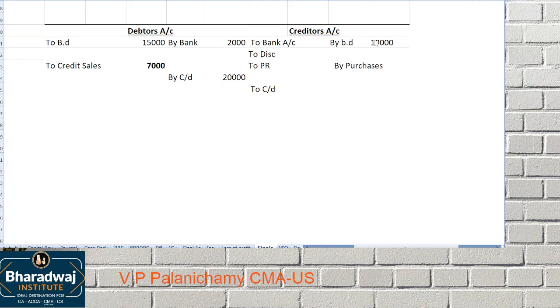What is the purchases? Balancing figure. So this is equal to total purchase. No cash purchases. Creditors are paid by check only. We can find out cost of goods sold. What is the cost of goods sold?